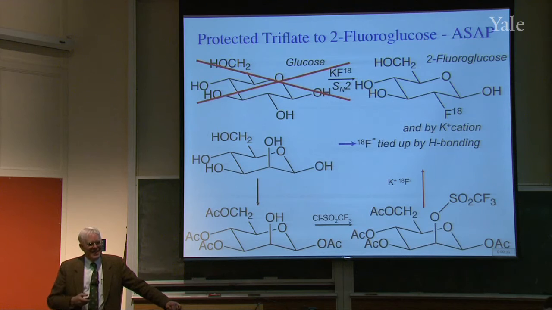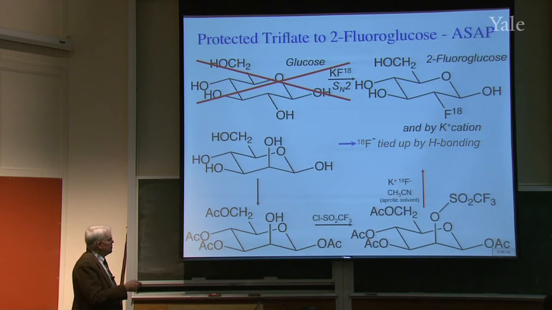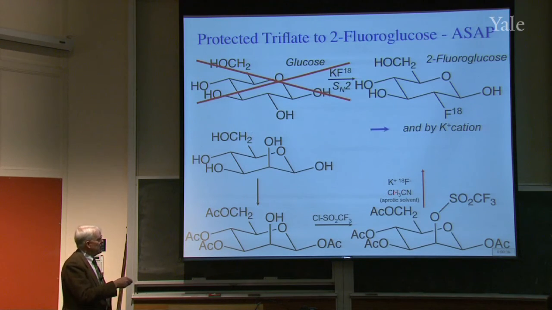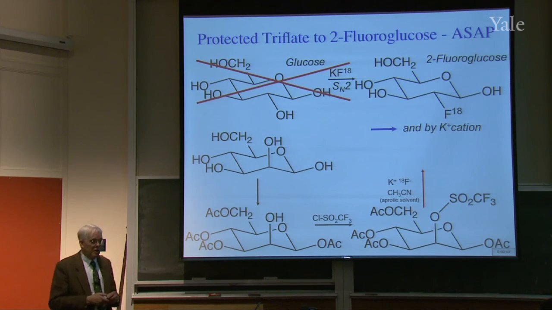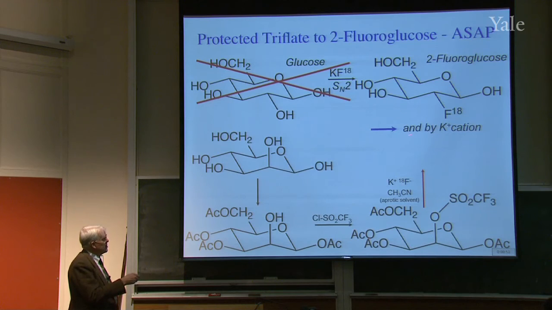Yeah, Lauren? Could changing the solvent help? Change the solvent to something that can't make hydrogen bonds, right? So they use acetonitrile, methyl cyanide, which doesn't have any hydrogen bonding protons in it. It has CH protons, but those aren't involved in hydrogen bonding. So that's no problem.